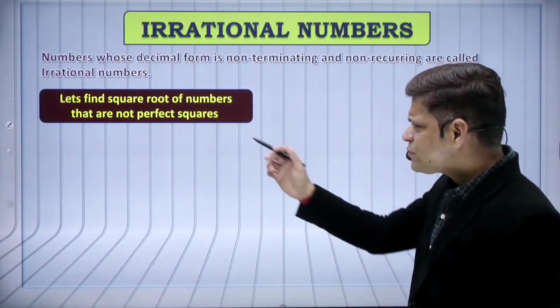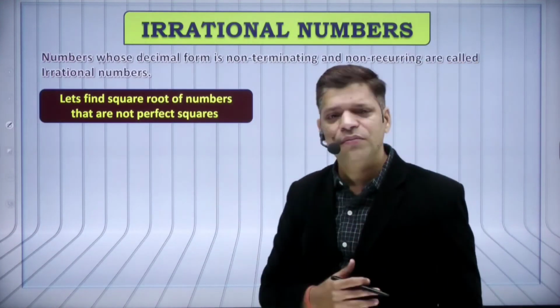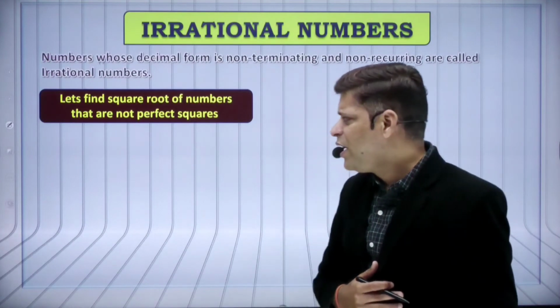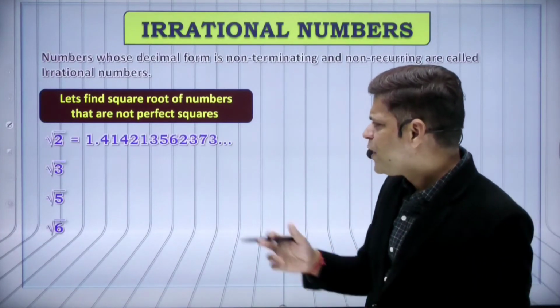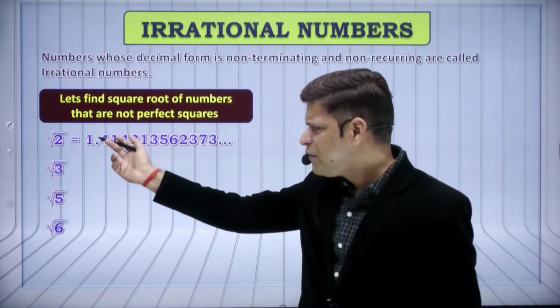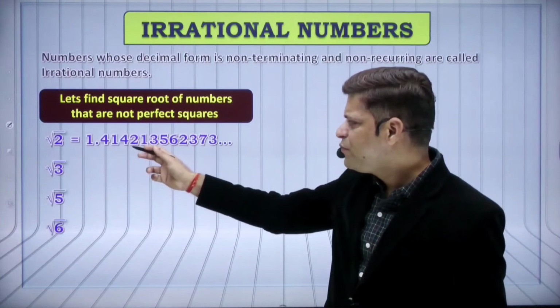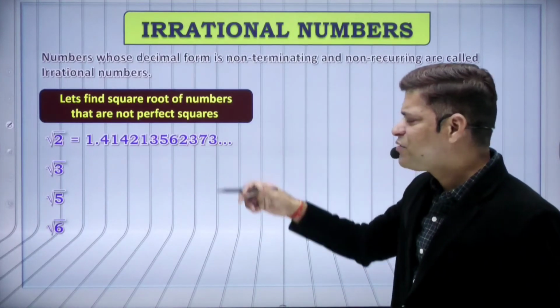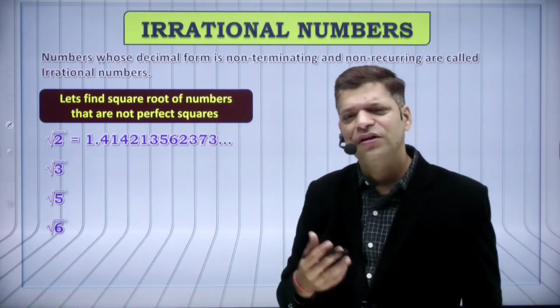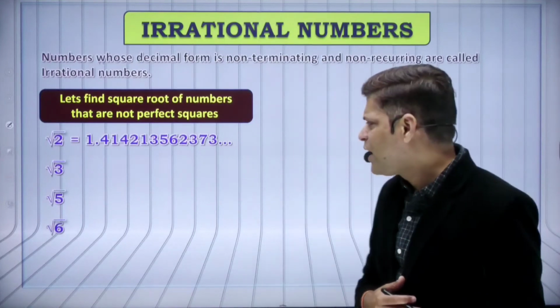Now let's find the square root of numbers which are not perfect squares. As you can see, when we take the square root of 2, you will find that it is 1.414213562373 and so on. This is non-terminating and non-recurring.